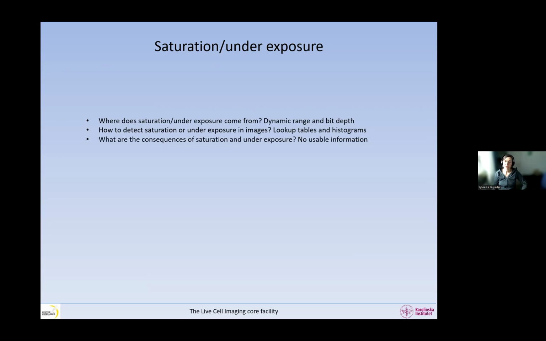What are the consequences? There is no usable information in these areas, and we'll talk about that. And then how to change the image display correctly. And then we'll talk about brightness, contrast, and gamma. So let's talk about the first one. Where does saturation come from? The bit range, the dynamic range and bit depth.